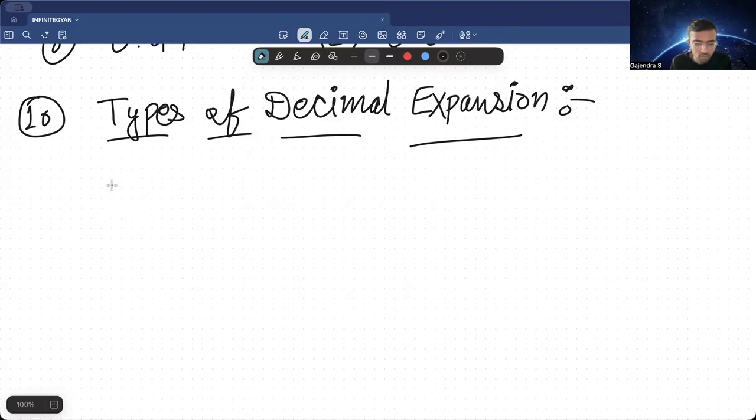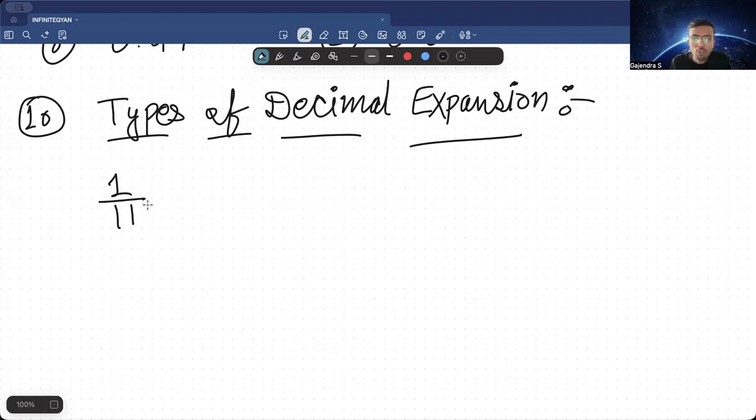Okay, let's solve one of the questions. Let me take one example first, which is something like this. So the example is 1 by 11. So again, if you have to divide this number, it is already in p by q form.